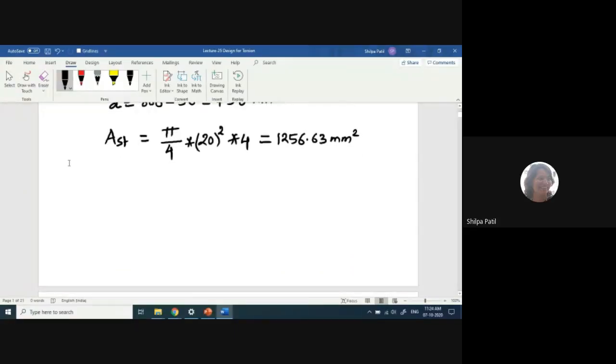Ast is already given. Then they have also given the bending moment value, which is Mu. What is the value? 215 kilonewton meter, right?